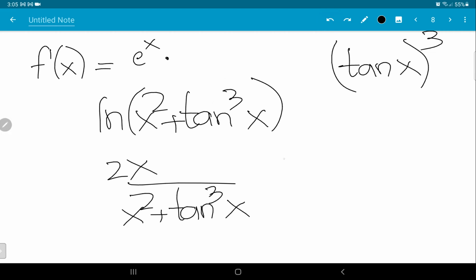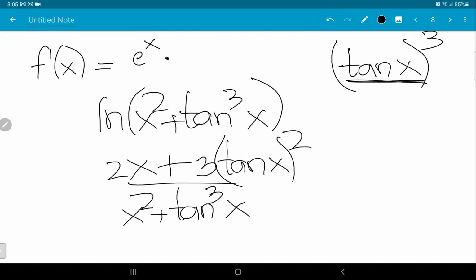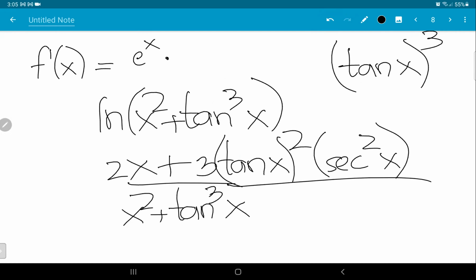So power rule, we bring down 3, subtract 1, and then differentiate the base. The derivative of tangent x is secant squared x. Okay, there, you're done.